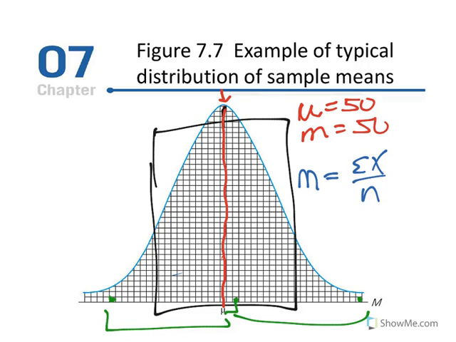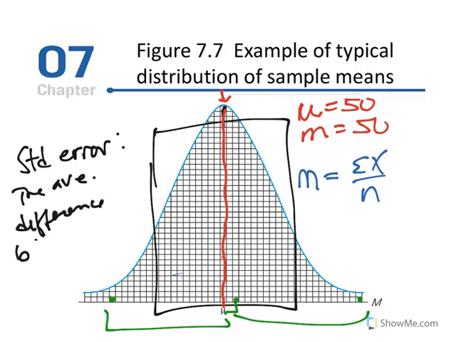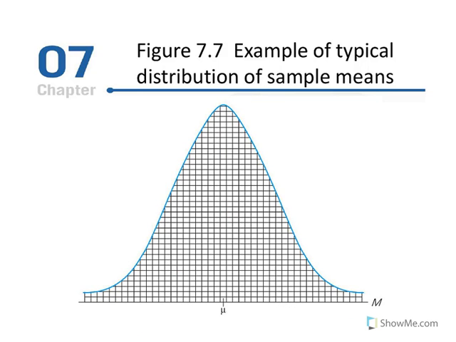So standard error represents the average difference between M and mu. Each one differs a certain amount. Collectively, standard error represents the average difference, and sometimes it's referred to as the expected difference between M and mu. Knowing the standard error gives researchers a good indication of how accurately their sample data represent the populations they are studying.